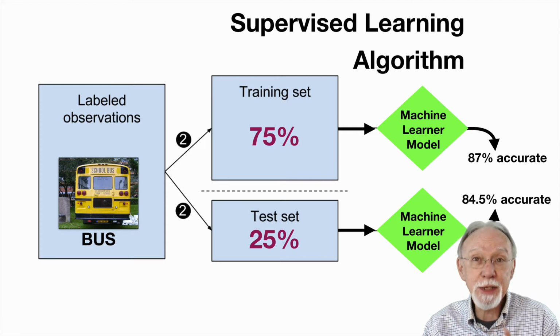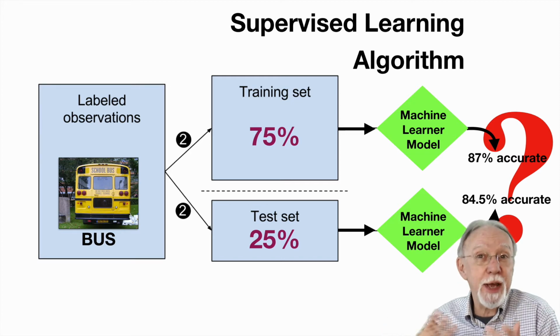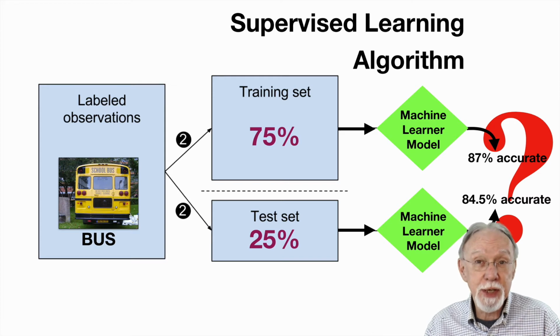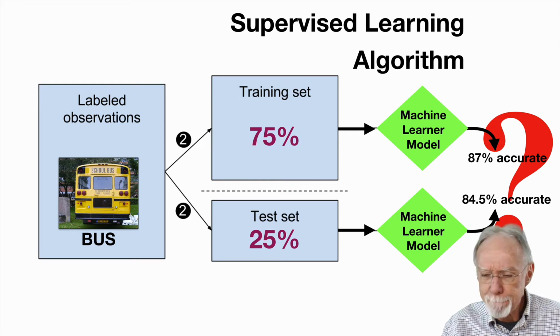Typically, it's a little less accurate than the training set. But the big question is, is it accurate enough? 85 or 87% is accurate enough to predict whether an incoming freshman will graduate. It's not good enough for your self-driving car to look at that big yellow thing in front of you and say, is that a bus?